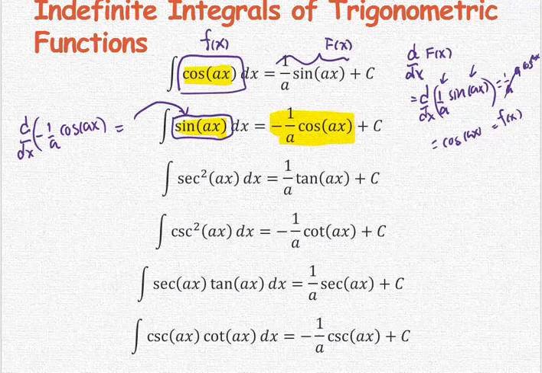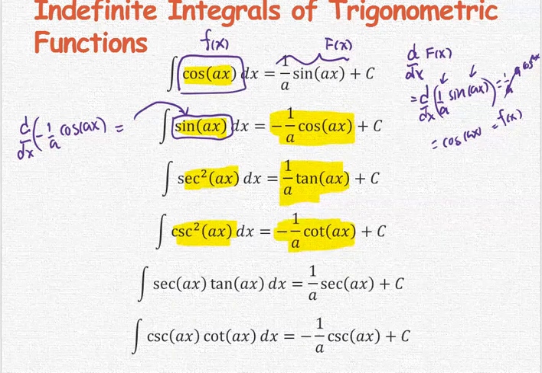The integral of secant squared of ax is 1 over a multiplied by the tangent of ax plus c. The integral of cosecant squared of ax with respect to x is negative 1 over a multiplied by the cotangent of ax plus c.